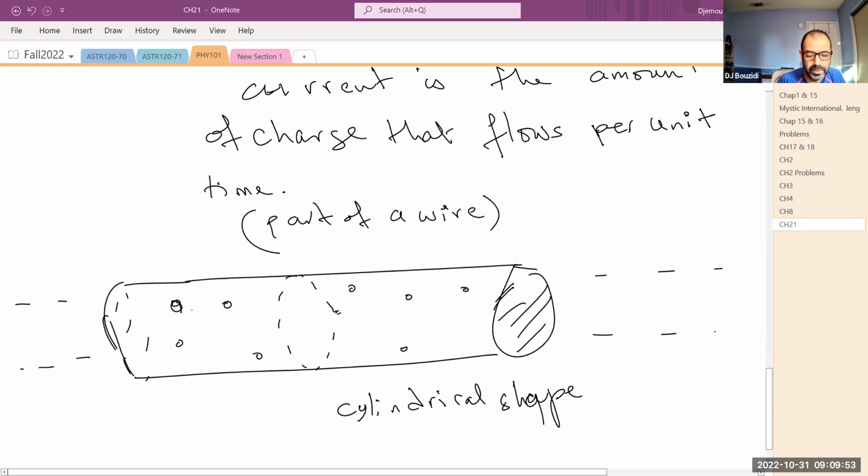So this is a given amount of charges. Let's say we have 7 charges in my wire. Obviously the number is very small here; the typical number is a huge one, 10 to the power of something. The point being, if I wait for a second and nothing happens, then there is no current flow.